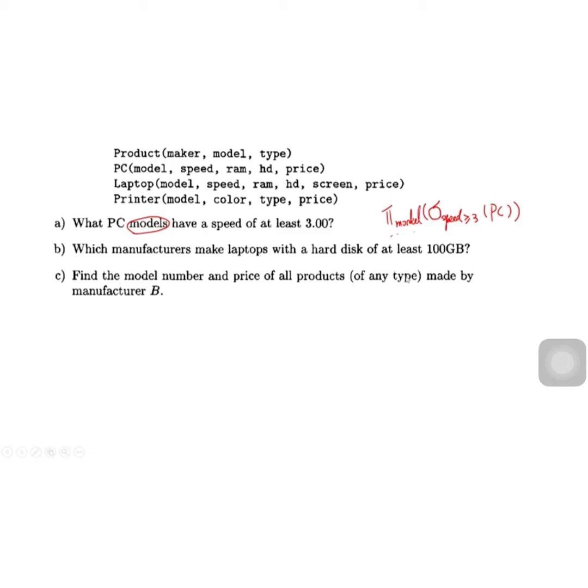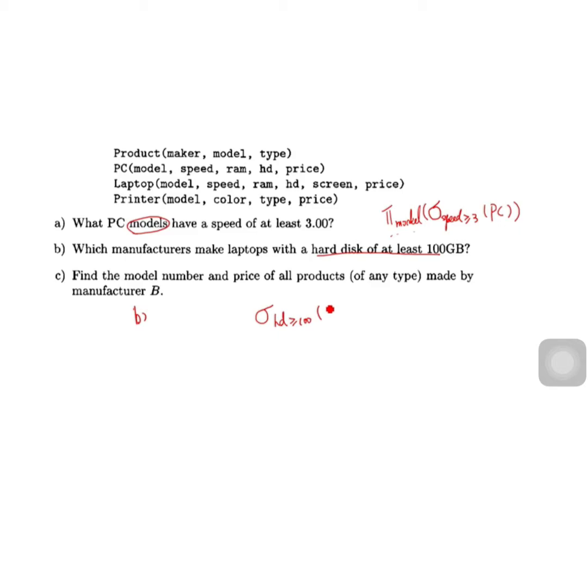This is a condition, so we'll use selection with HD larger than or equal to 100.